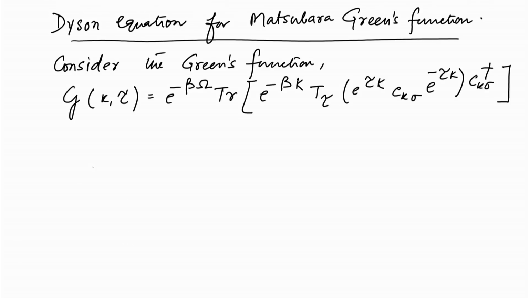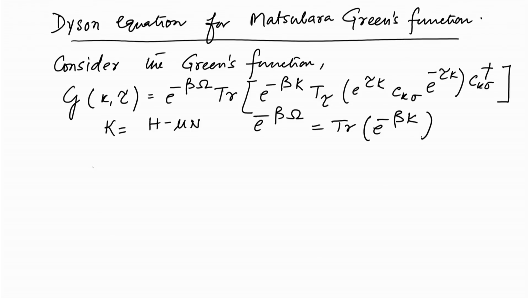Omega is the grand potential, and K is given by H minus mu N, and exponential minus beta omega is equal to the trace of exponential minus beta K. This is something that we have seen, and K equals K 0 plus V, where V is the potential which typically represents a two body interaction term.